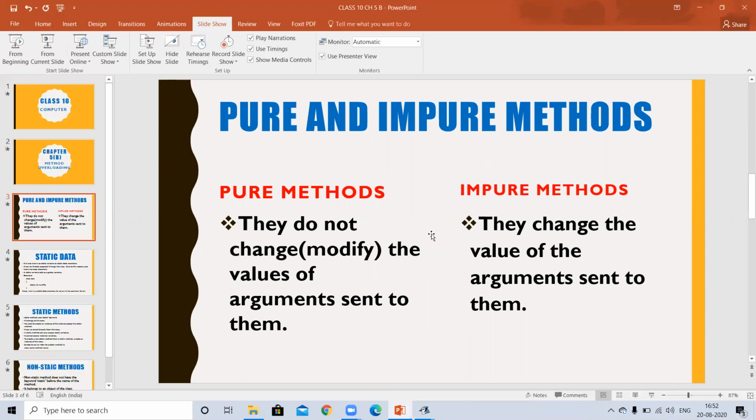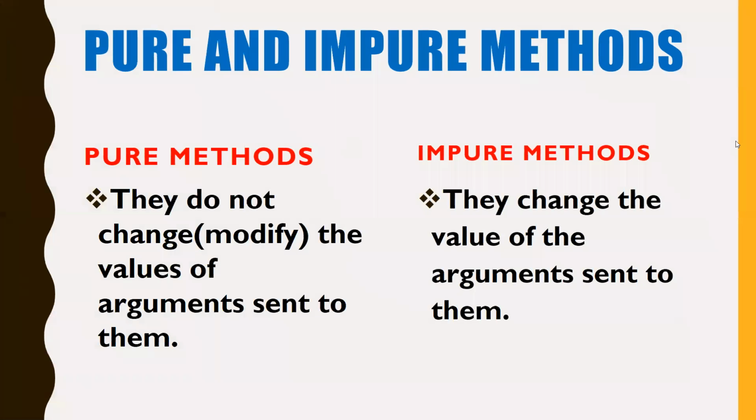Pure methods are those methods which will not change or modify the values of arguments sent to them. Pure methods mean those methods whose argument value will not be changed.